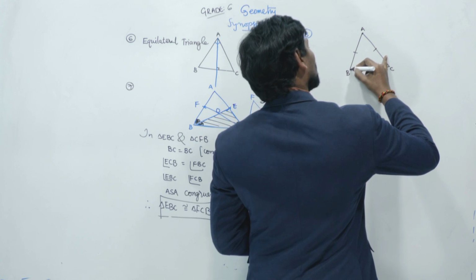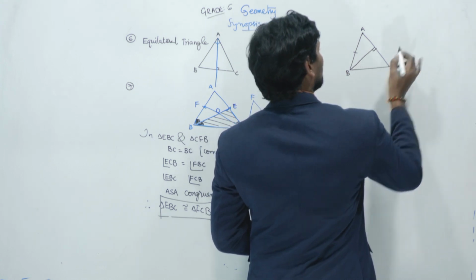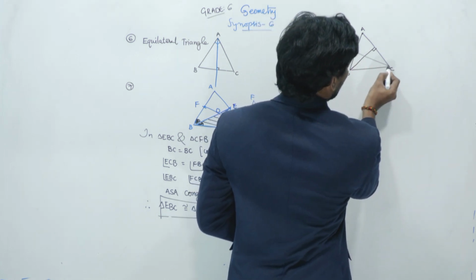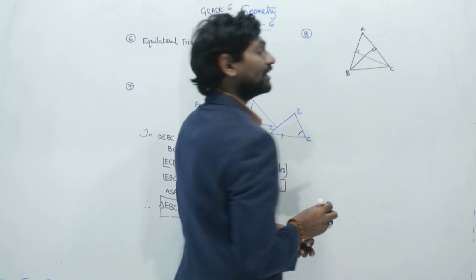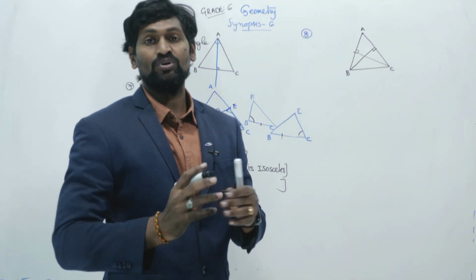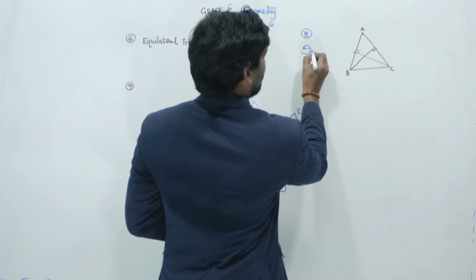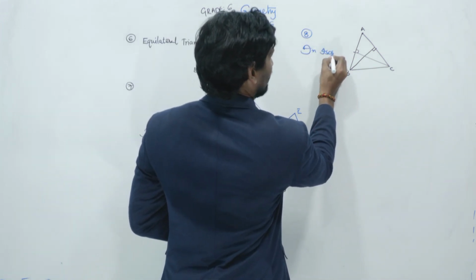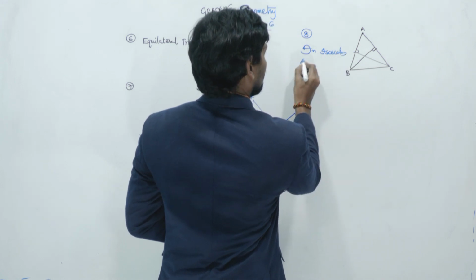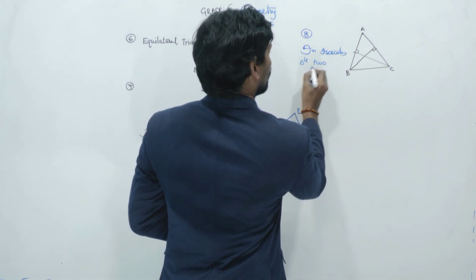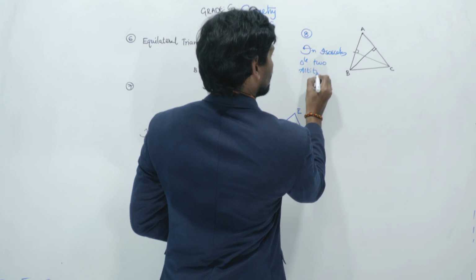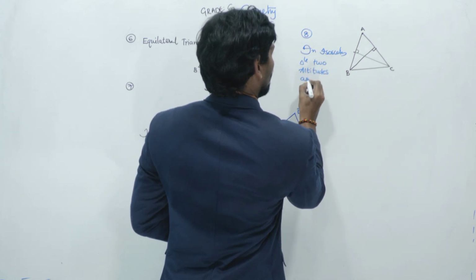So while you're drawing the perpendicular like this, in an isosceles triangle, two altitudes, or two heights, are equal.